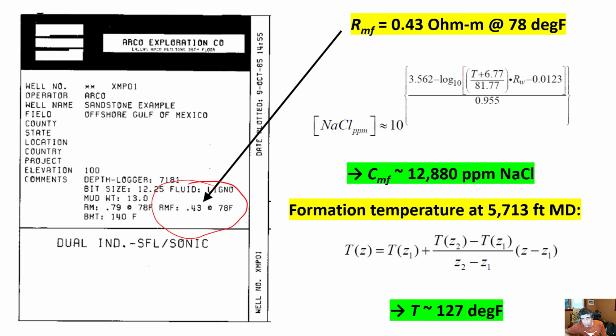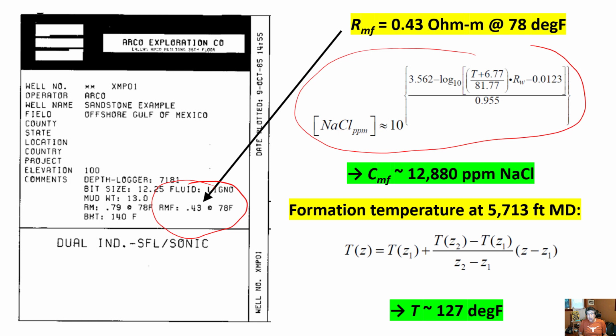If I make that assumption, then I can use this equation right here, which is in the appendix, to calculate the corresponding equivalent concentration of sodium chloride in parts per million. When you do that calculation, we find approximately 12,880 parts per million of sodium chloride for the mud filtrate. This turns out to be a relatively fresh water-based mud.